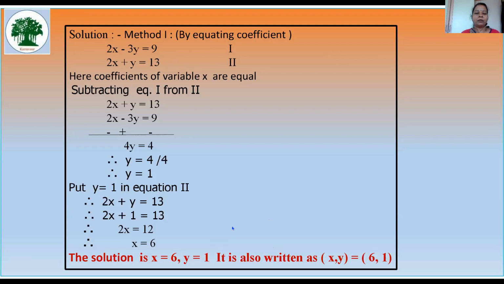Now we are going to learn the second method of solving simultaneous linear equations, that is the substitution method. We take the same example for the substitution method and see whether we get the same answer after solving, and verify this.